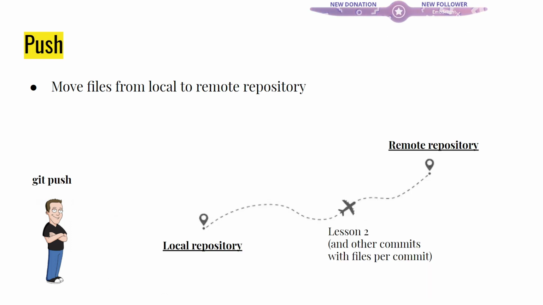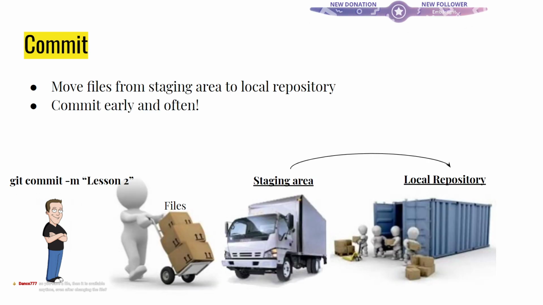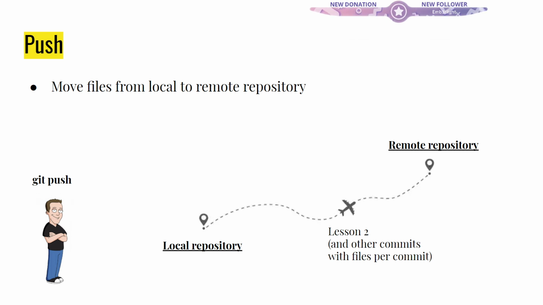Push basically puts files from the local repository to the remote repository. So you save a file. By saving a file, you mean git commit. If I do git commit, the file ends up in the repository, and then the file is available anytime locally. If I do git push, that file will become available anytime remotely.